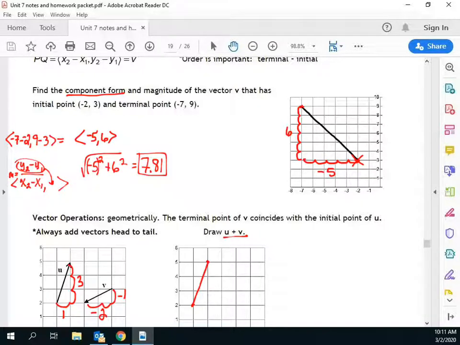From here, we go down 1 and left 2. And so we have that there. So this is u added to v, because again, to connect these, you have to go from head to tail.